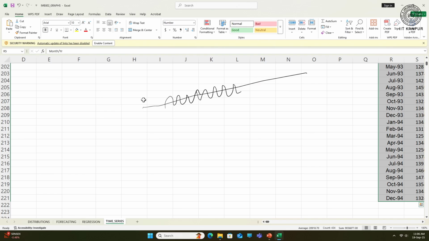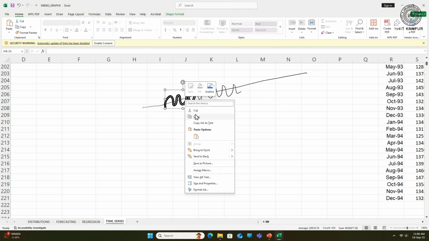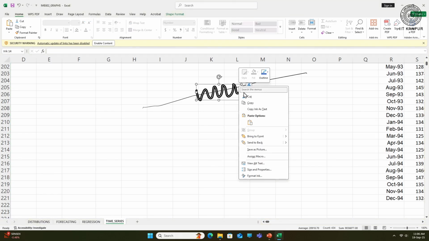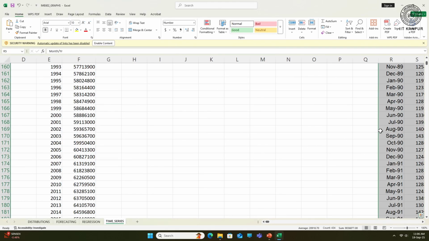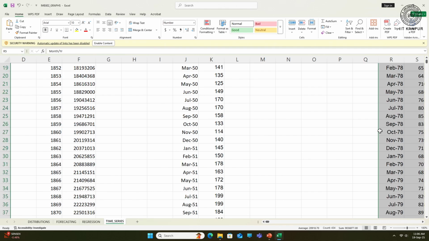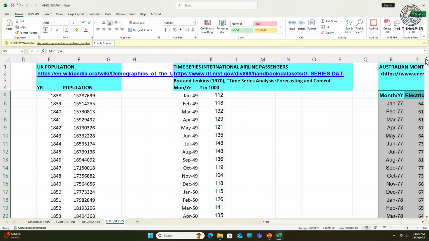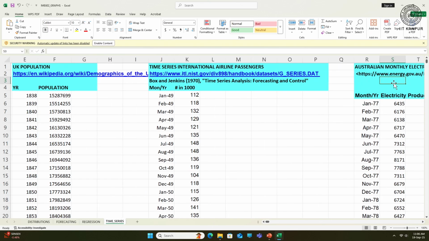So, I am deleting it because there will be other diagrams to show, and you can use the data as I mentioned to find out how the time series behaves. Okay. Now, that was the Australian monthly electricity requirement.